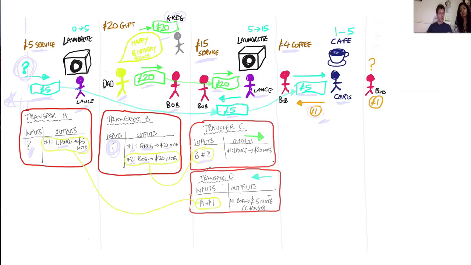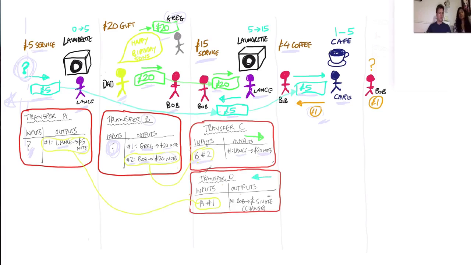You can see the input to this transaction, what enables Bob to hand over the £20 note to Lance, is the output of transaction B. You can see the line of dependency there. Output number 2 of transaction B is payable to Bob. That's what enables Bob to pay a £20 note to Lance.